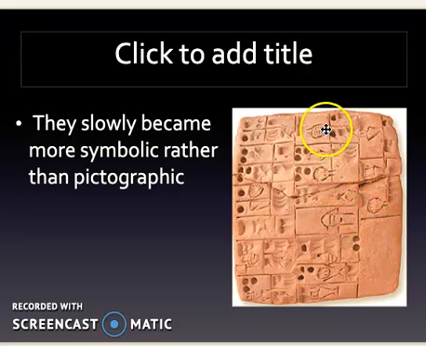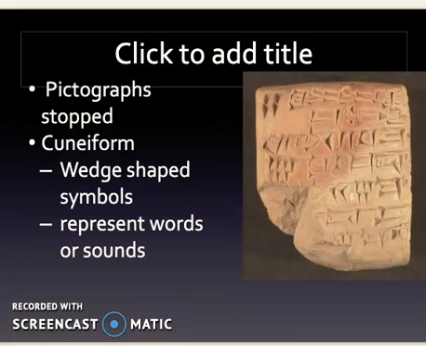But you see the pictographs are starting to change. You can understand why they would do this, because everybody's going to draw a pictograph a little bit differently, so they're starting to unify what their shapes are supposed to be. And that is when they're going to stop, and they're going to go into a wedge-shaped symbol.